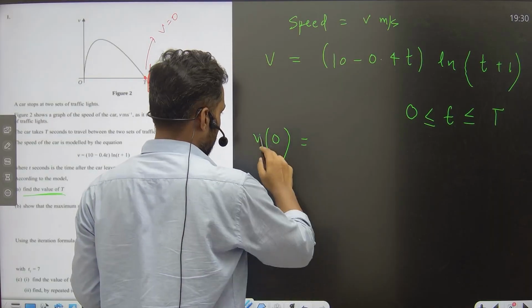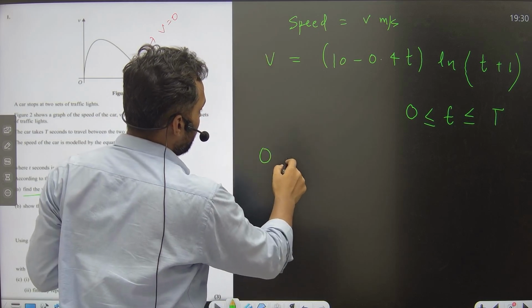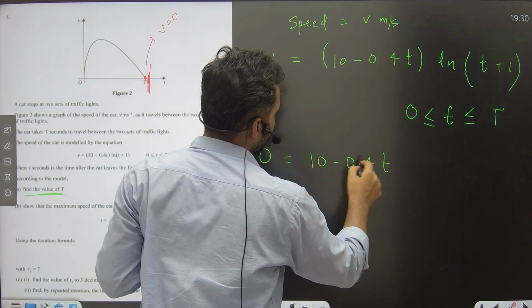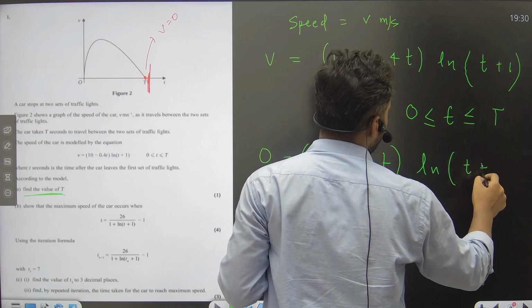Okay, so velocity will be 0. So (10 − 0.4t) ln(t + 1) = 0.